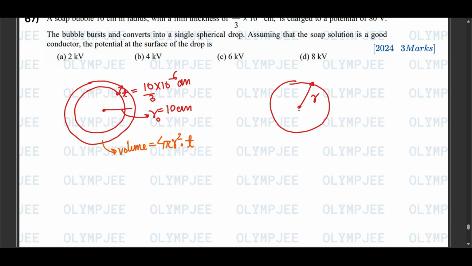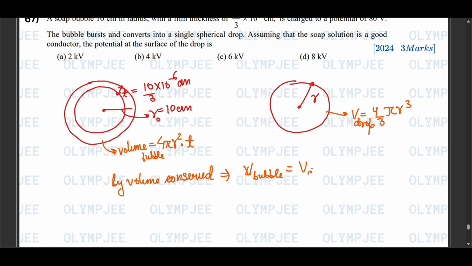So, and this volume will be... so by volume conservation, since all the material which was forming the bubble has formed a drop now, volume can be conserved because no material was wasted. So volume of bubble is equal to volume of drop.